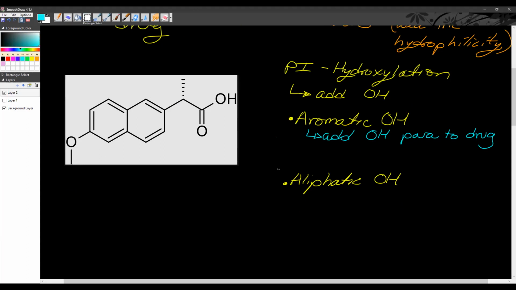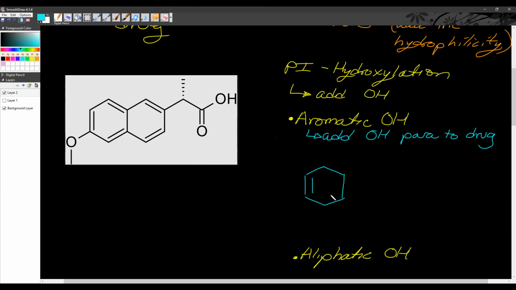So, for example, if we had a drug that had a benzene ring and we had some sort of big complicated R group over here, then what we have is the ortho, meta, and then para position. And so we would be adding an OH group primarily in the para position.